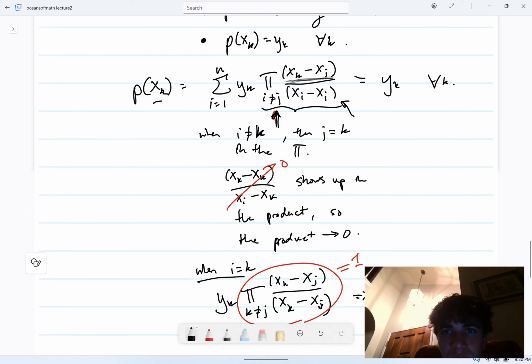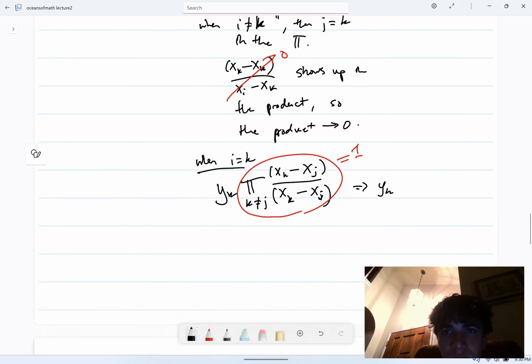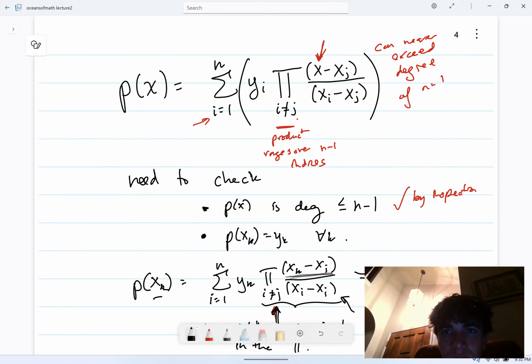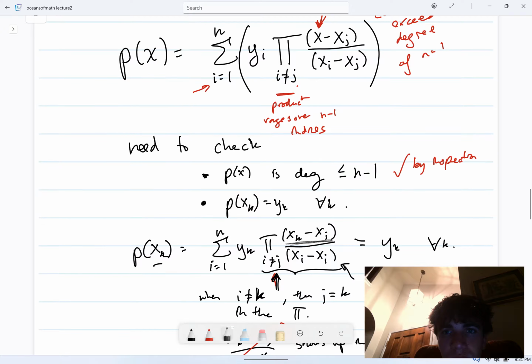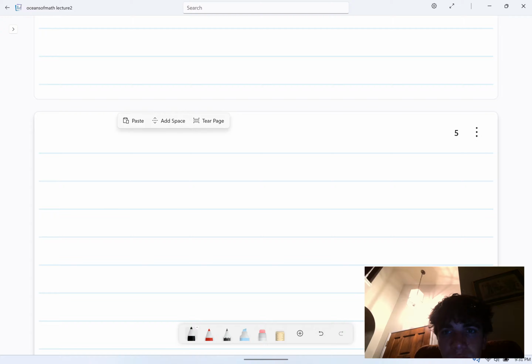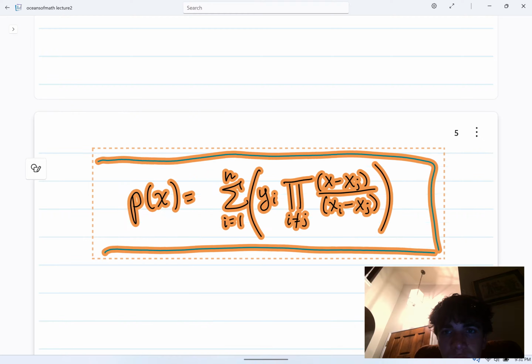But why does this work? Where did Lagrange, I believe, come up with this formula? So let's discuss that. Well, there are two parts of it. The first part is this formula. Let's paste it again here.